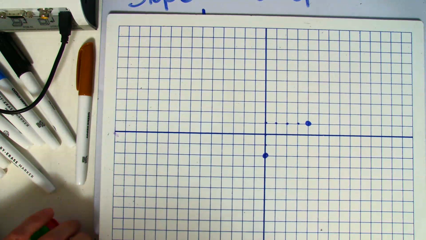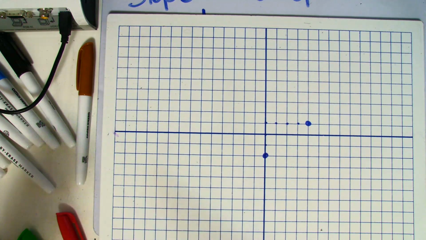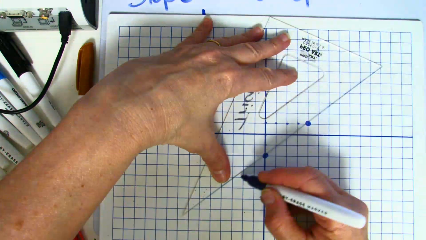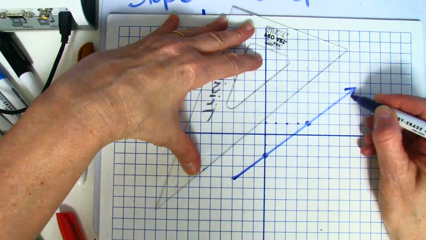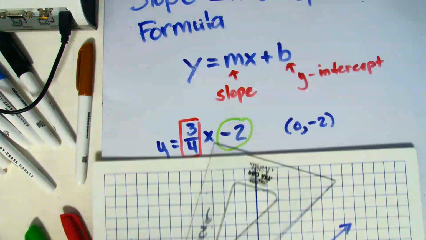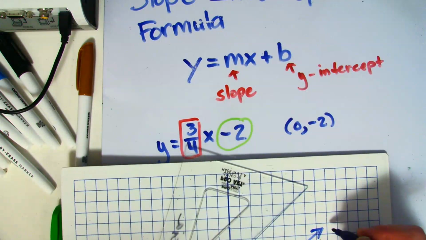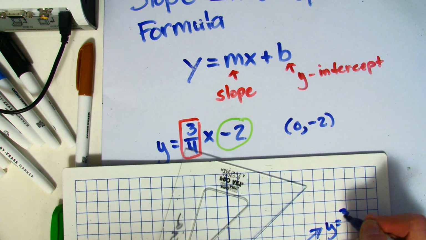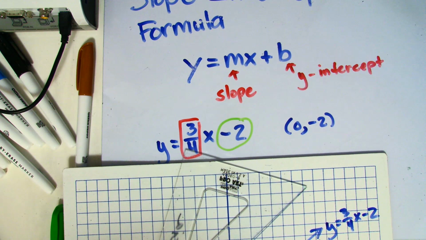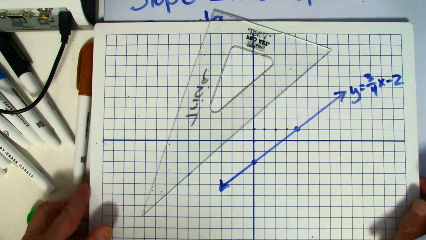Now with our second point, we can graph our line. And we're going to write the line formula y equals 3/4 x minus 2 next to the line.